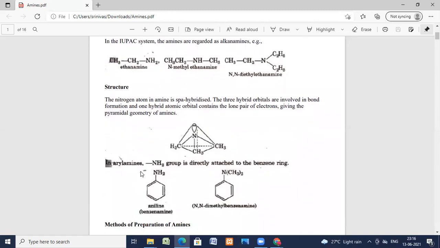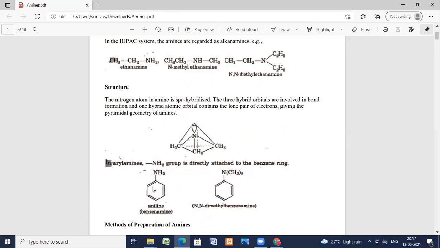Now we'll see the structure. As I've explained to you, it is the pyramidal structure. The nitrogen has a pyramidal shape with one lone pair of electrons and three methyl groups. In aryl amines, the NH2 group is directly attached to the benzene ring.